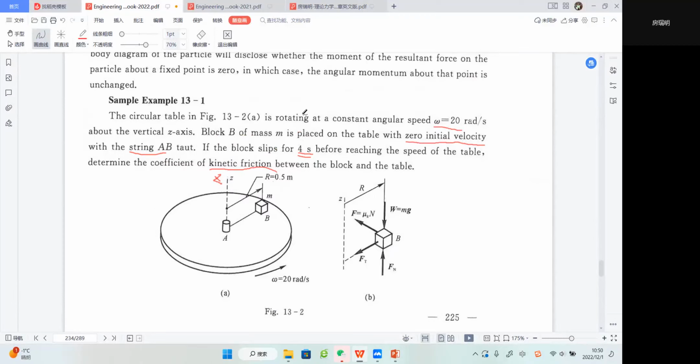So maybe I can remind you guys of what we have learned. If we have a wheel like this, very ugly, I'm not good at drawing, right? So if we have a wheel and here is the center of mass, we have V0 and A0.